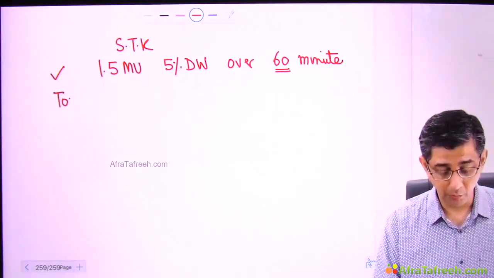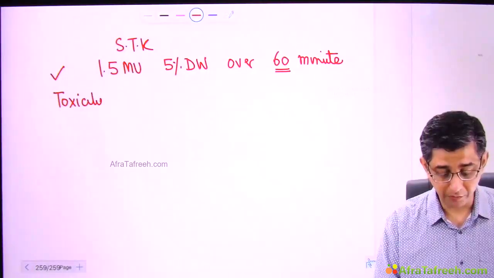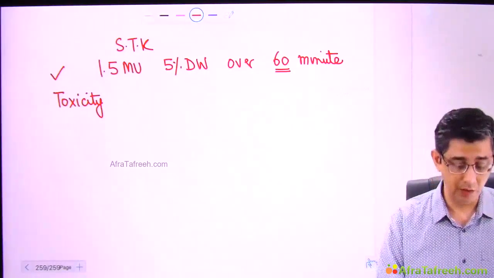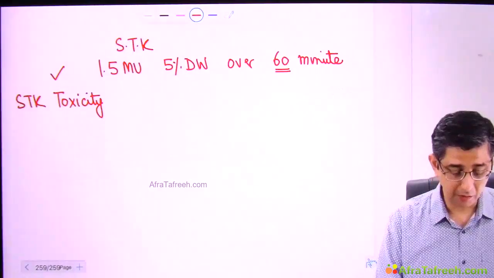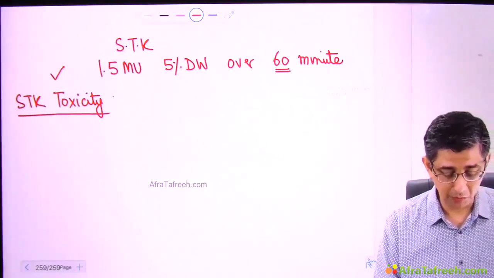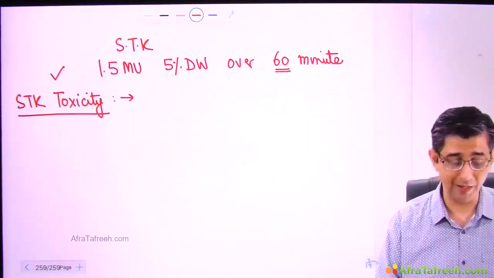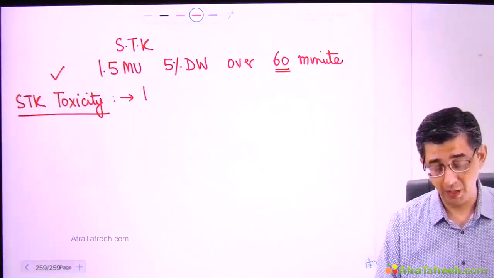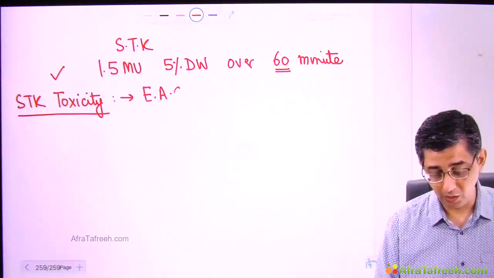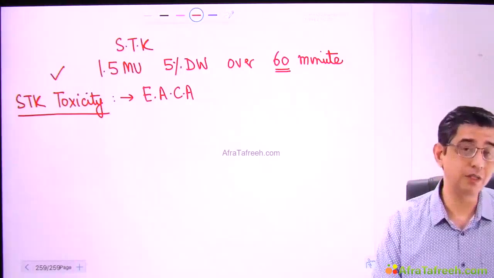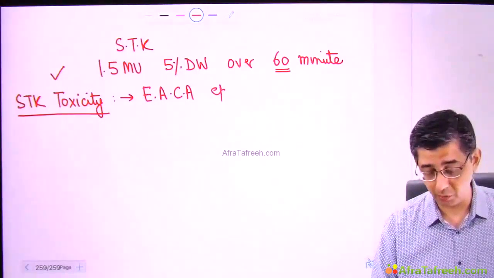And therefore the point to be noted down is, what is the antidote for streptokinase toxicity? You see, like you study regarding warfarin toxicity, you study about heparin toxicity and antidotes for it. The question said, what is the antidote for streptokinase toxicity? Yes, the antidote you are very well aware of from pharmacology, that is EACA, epsilon aminocaproic acid.